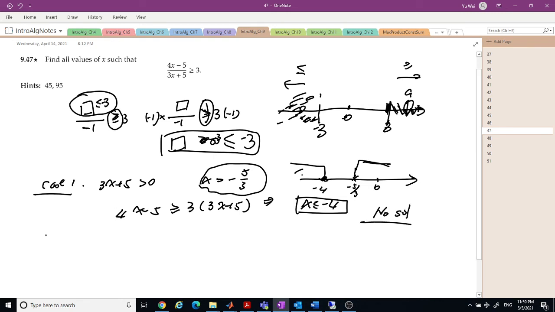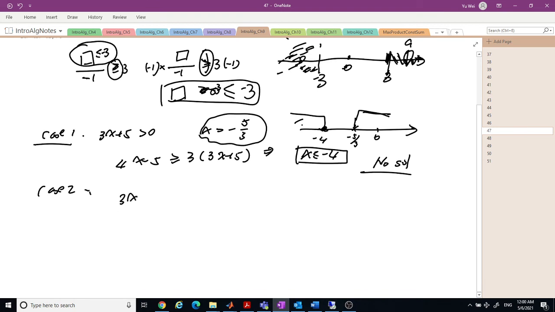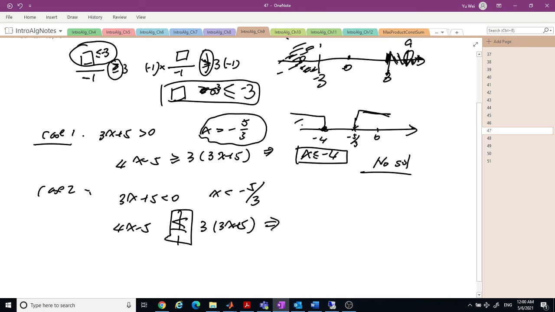Then case 2 is 3x plus 5 less than 0, so x is less than -3/5. Then we need to change the sign in this case: 4x minus 5 less than or equal to 3x plus 5, be very careful about it. Then we can solve that x is greater than or equal to -4. So this one makes sense, right?